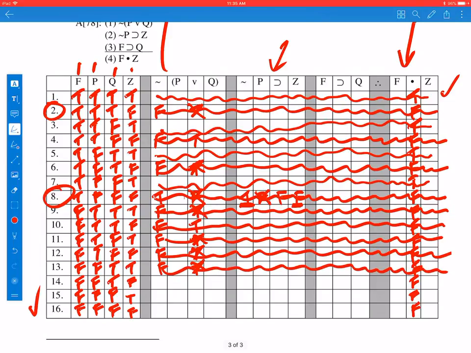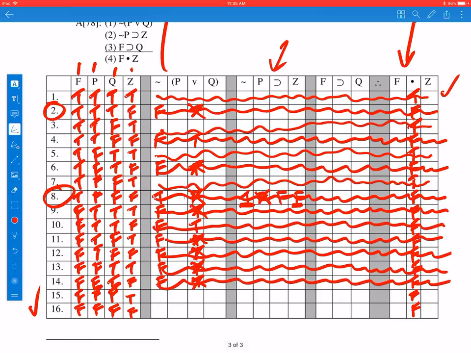So we get false, and we can eliminate this one. On to interpretation 14. P here is false, and Q is true, so false or true is true, but we have to negate it, which means the first premise is false, so we can eliminate that.